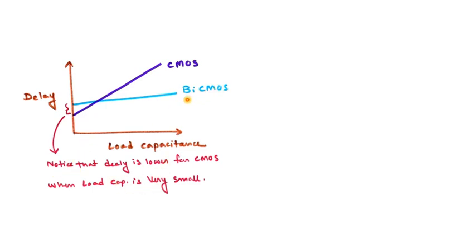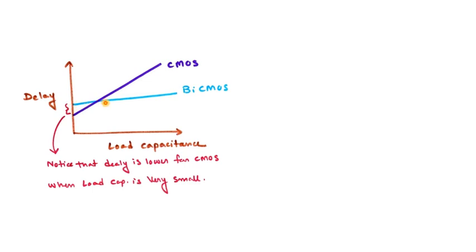The main reason is that for lower load capacitance, the parasitic capacitances associated with the bipolar transistor in case of BiCMOS logic family will be the dominating capacitances, and the advantages given by the high driving capability of BiCMOS just cancel out due to those parasitic capacitances.